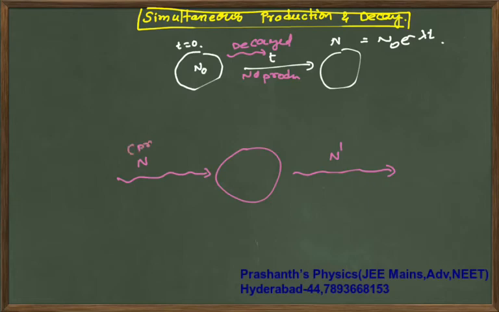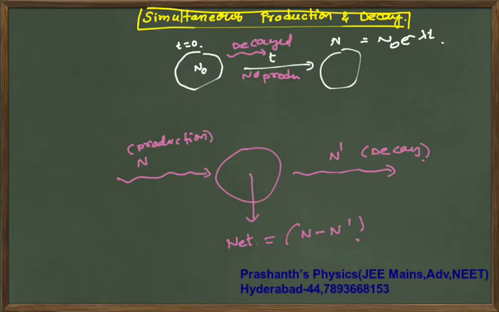This is production, this is decay. Net remaining at each instant is N minus N dash if production is more, or net decay will be N dash minus N. That will be of your choice.